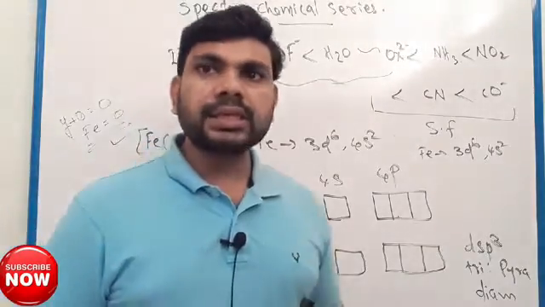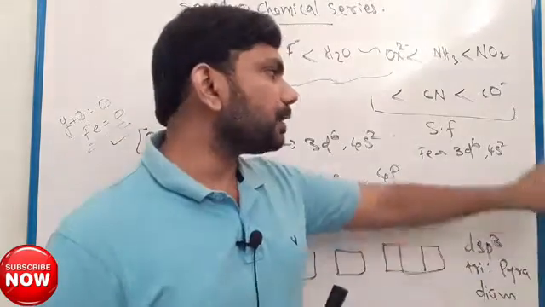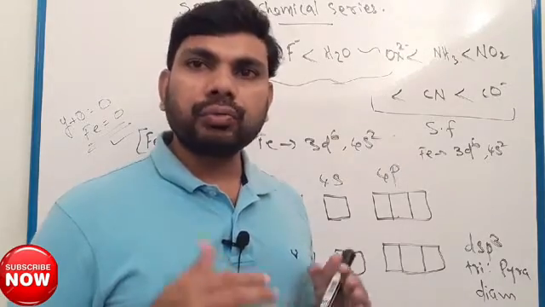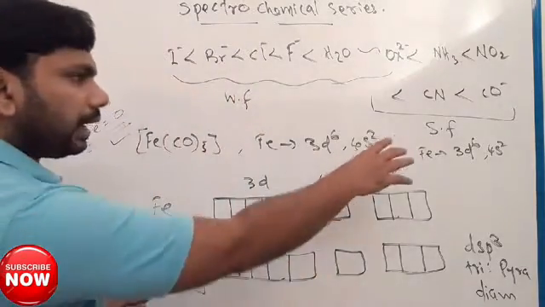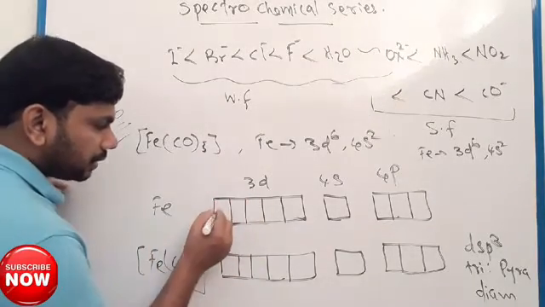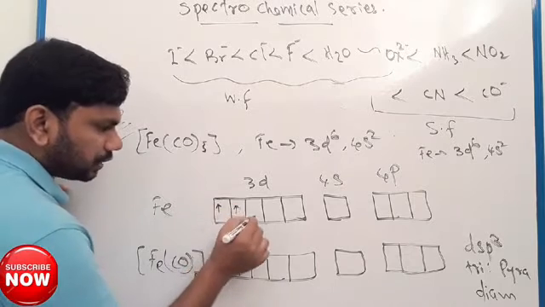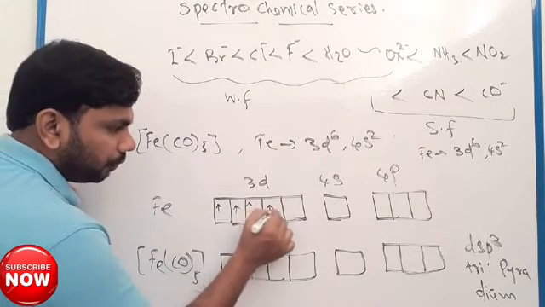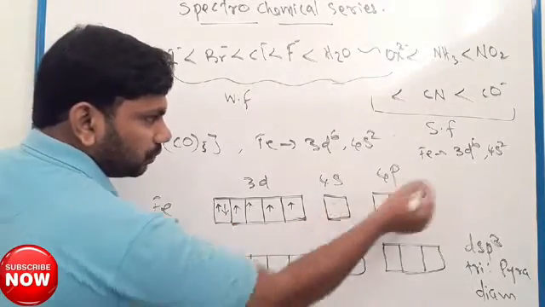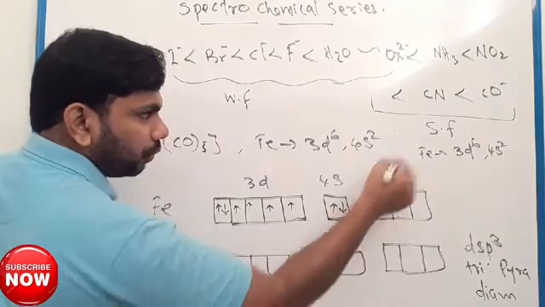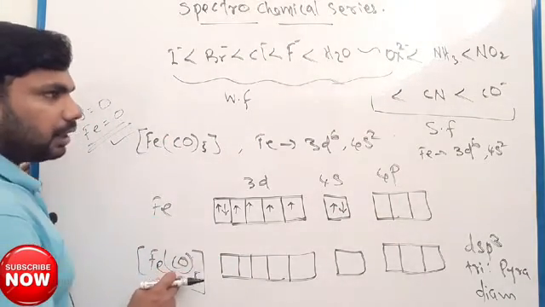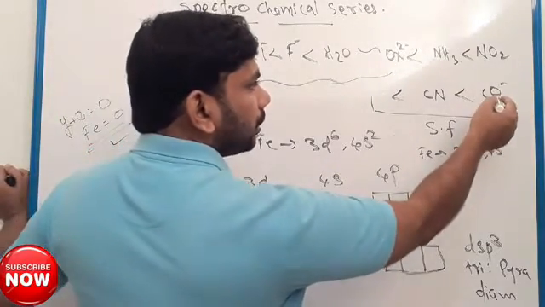Before, in the previous case of Fe2+, we removed 2 electrons. Here the charge is 0, so we include 3d6 4s2. In 3d6, first we place electrons like this: 1, 2, 3, 4, 5, then 6. Then 4s2. In 4p, no electron. But here we have carbonyl. What type of ligand is this?